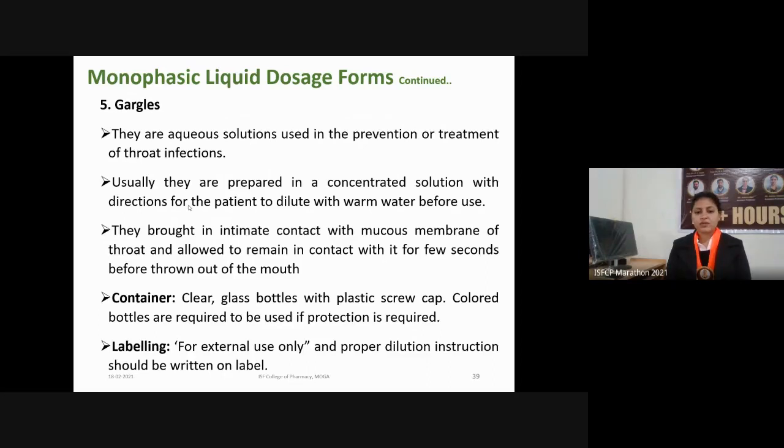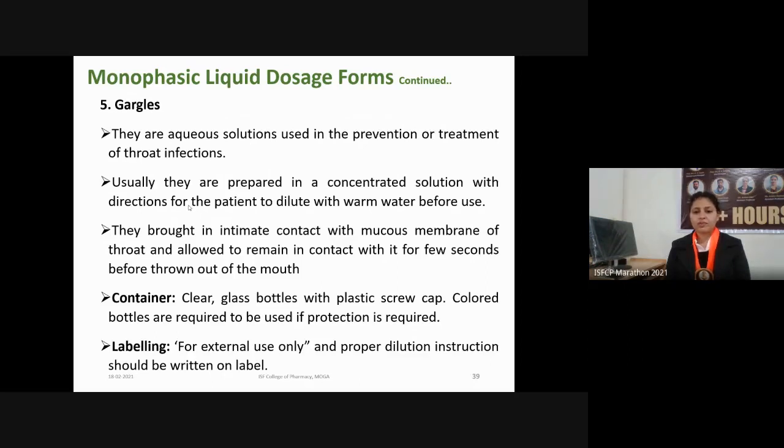Means the container in which we get these gargles has them in concentrated form. We have to dilute them with warm water before using. They are brought into intimate contact with the mucous membrane of the throat and allowed to remain in contact with it for a few seconds before being thrown out of the mouth.